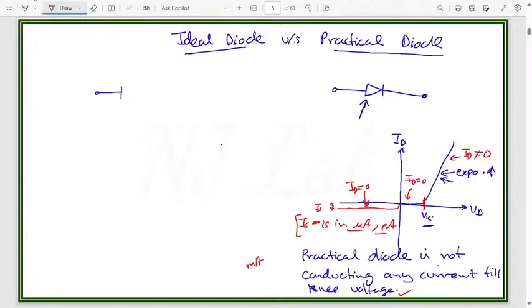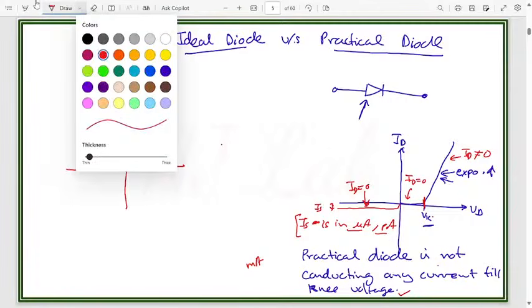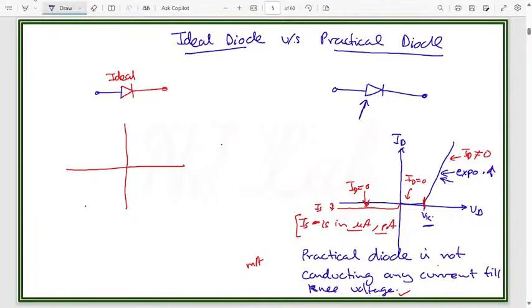In the ideal diode, we draw the characteristic in this way: when VD is less than zero, we assume that ID is equal to zero.